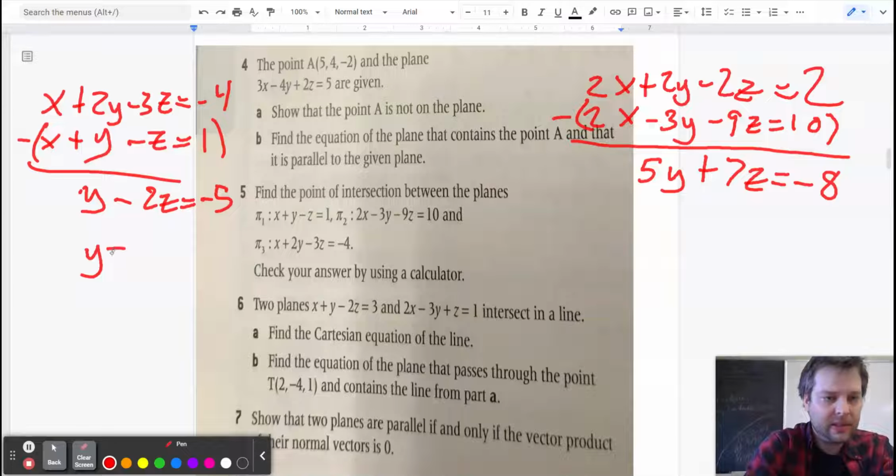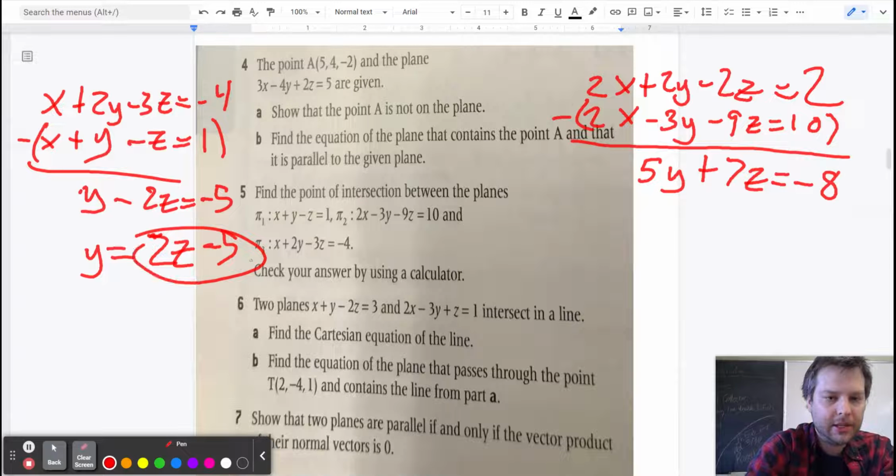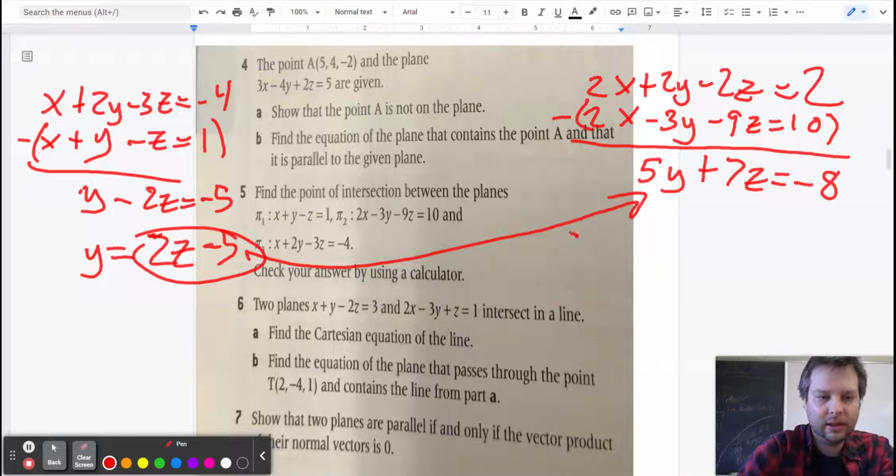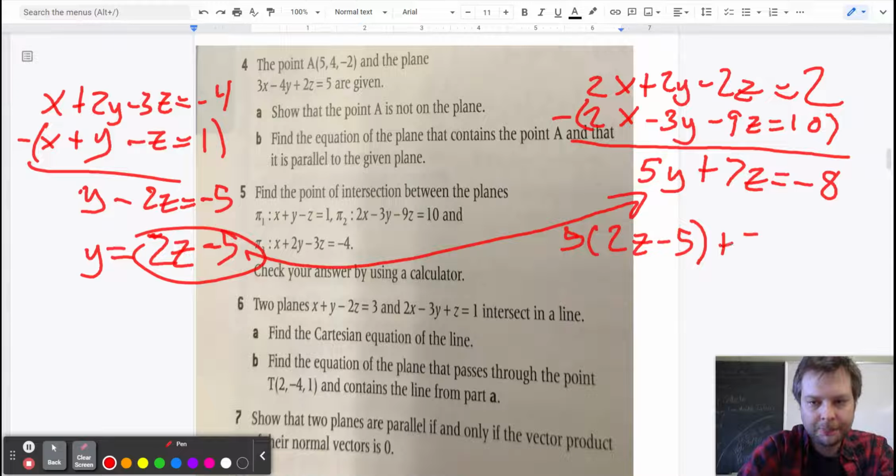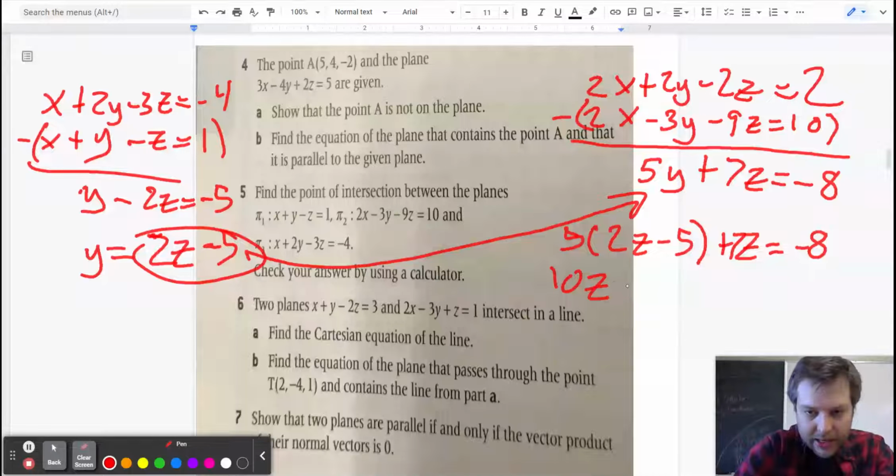I'm going to go back over here to the left side, say y equals positive 2z minus 5. I'm going to bring that back over here to the right side of the equation, 5 times y. So 5 times 2z minus 5 plus 7z equals negative 8. Multiply the 5, 10z minus 25 plus 7z equals negative 8.